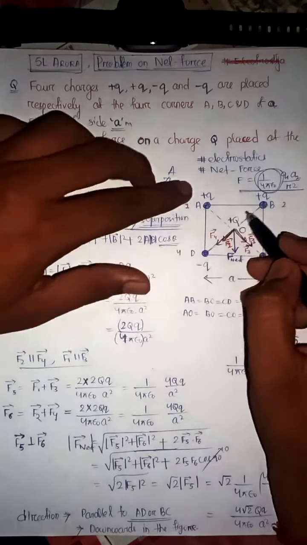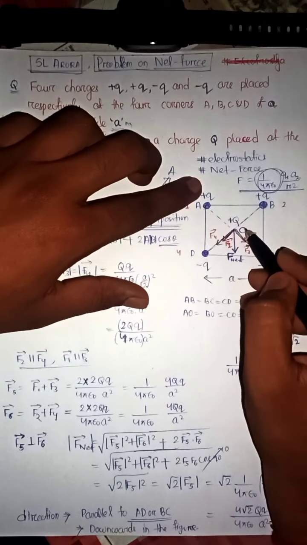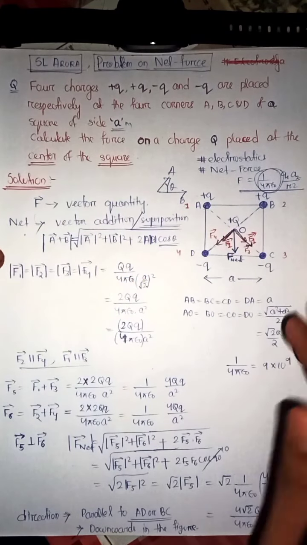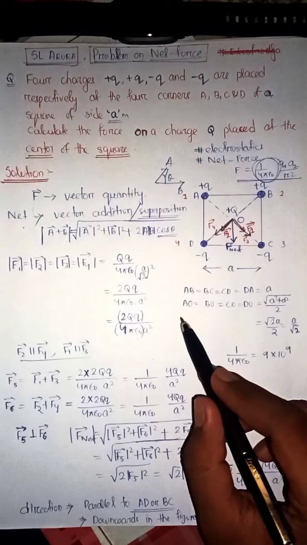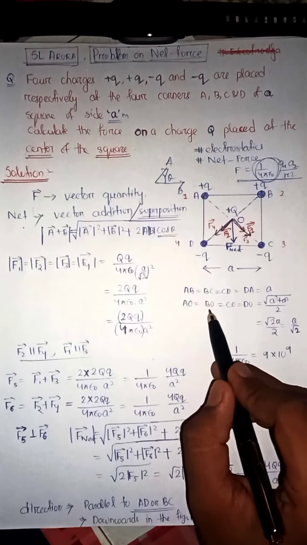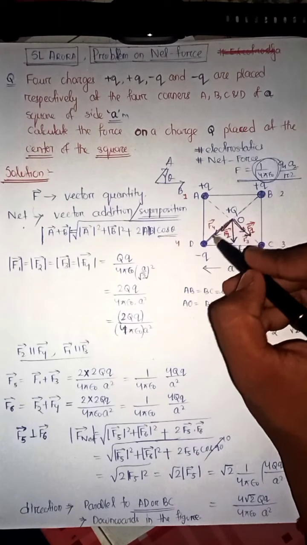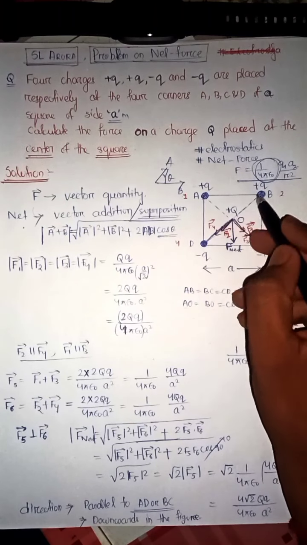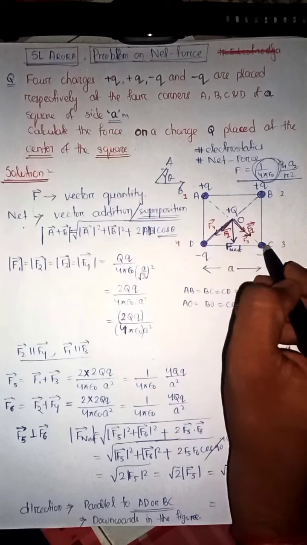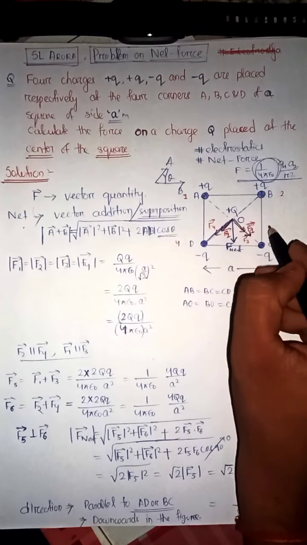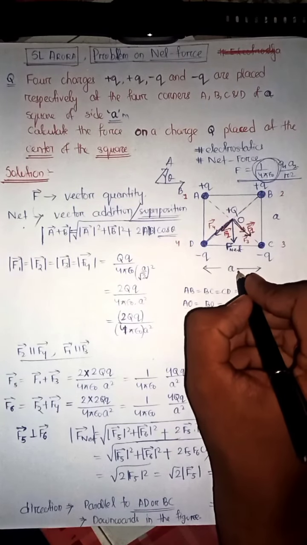All four charges are equidistant from the center, and we have to find that. This distance is half of the diagonal of this right angle triangle. This is a, this is a.